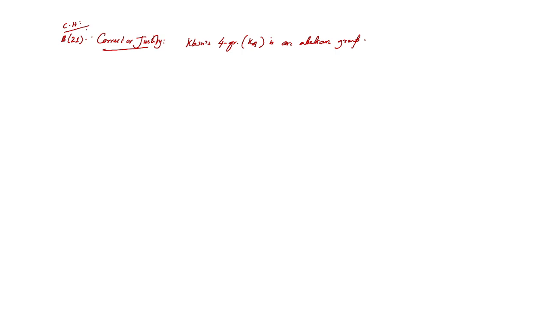So how will we show that Klein's group is commutative?